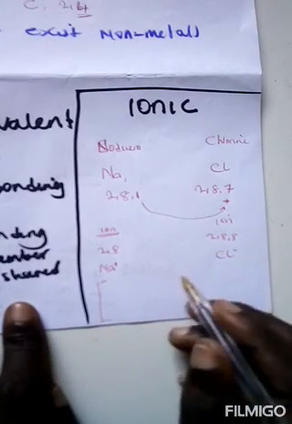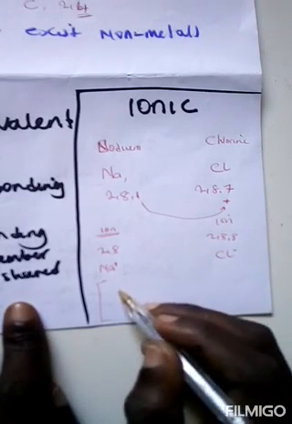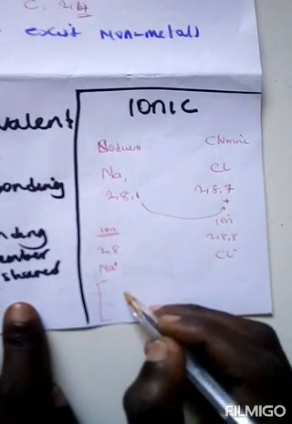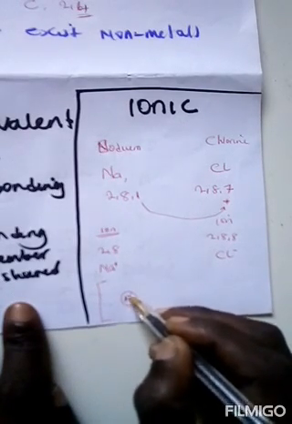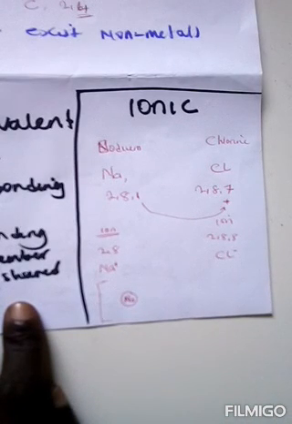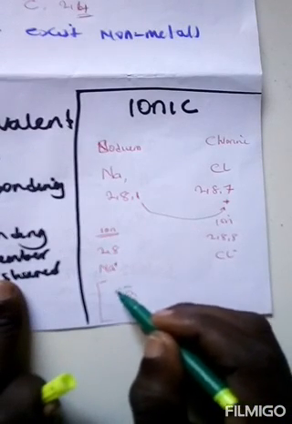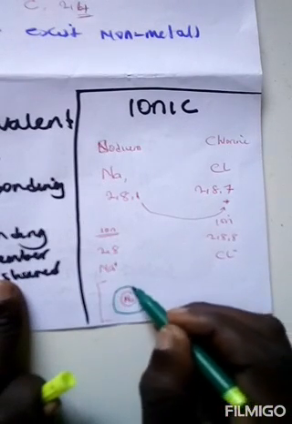So you have sodium. Sodium, when it has formed a bond with chlorine, this is how it will be. So you have a nucleus here, and we write the symbol for sodium. Then surrounding the nucleus, we have the shells. We have the first shell.